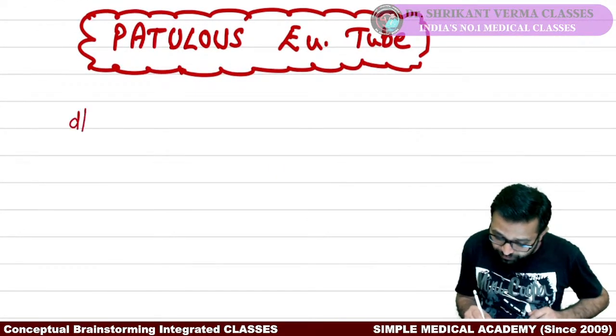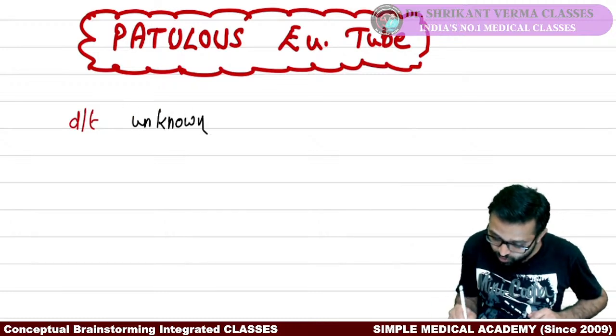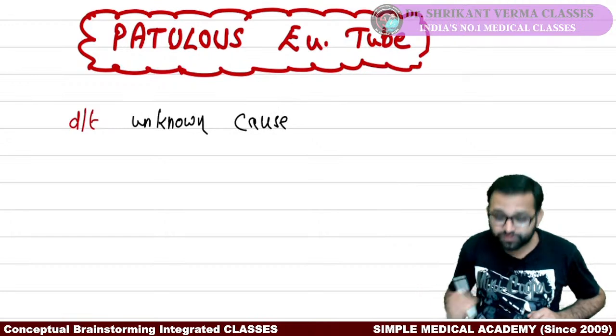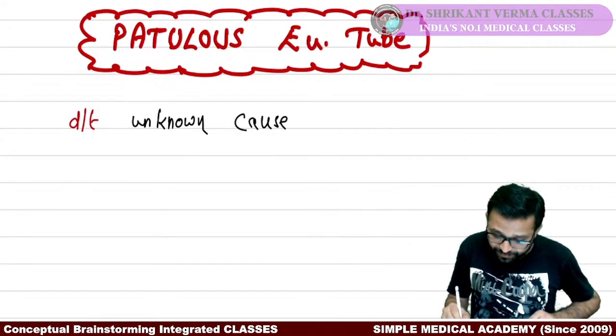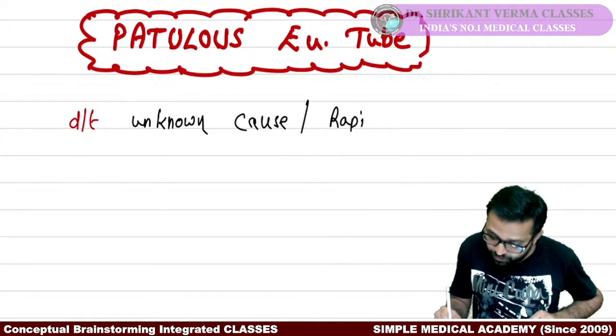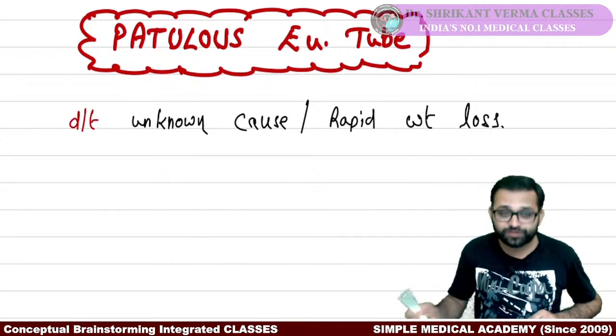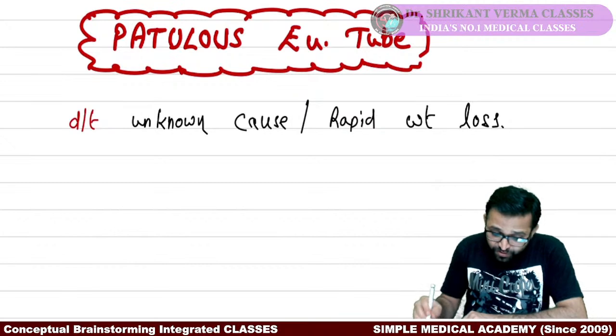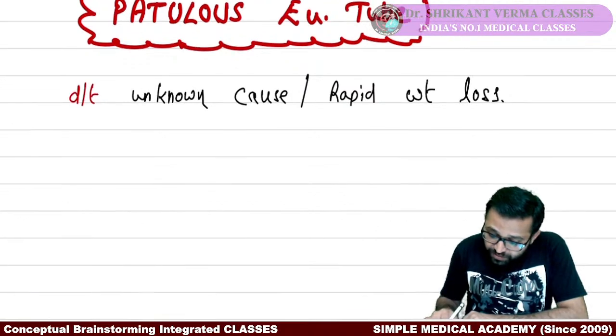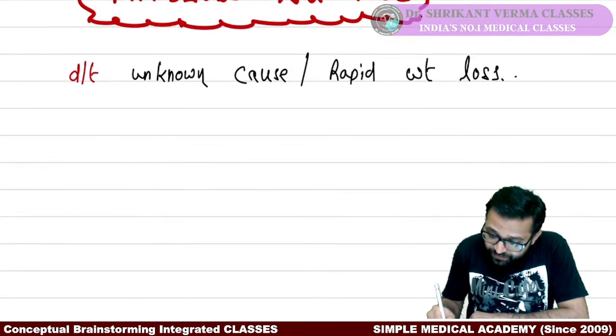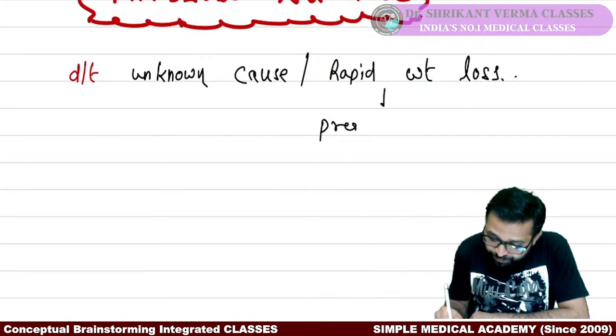due to different kinds of unknown causes, okay sir, or due to rapid weight loss, fine sir. Yes, you will see this rapid weight loss in case of pregnancy also.